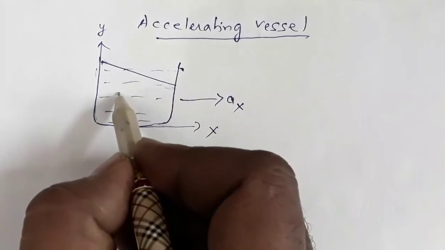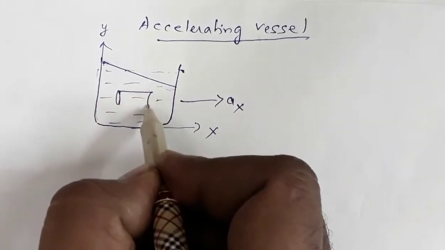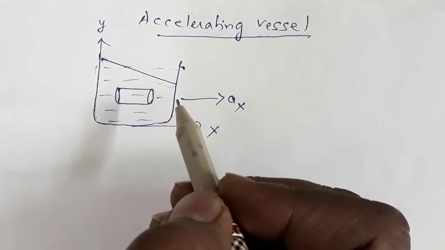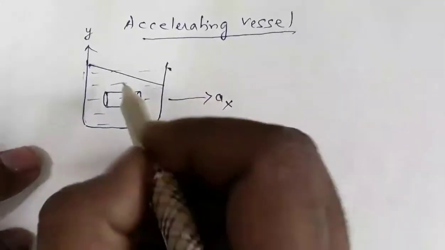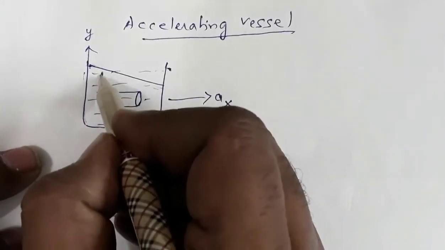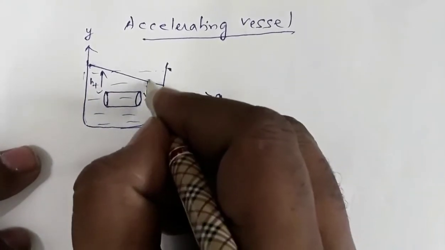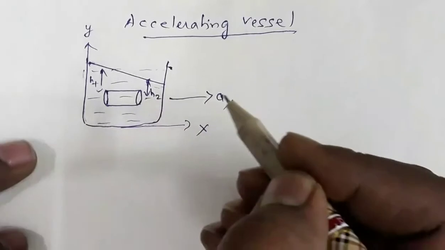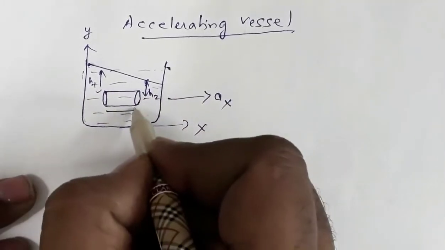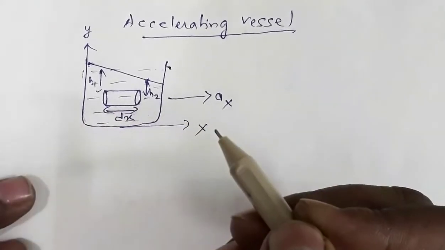Now let us consider a cylindrical volume inside the liquid. Let's say this height is h1 and this height is h2. This cylinder is of length dx.